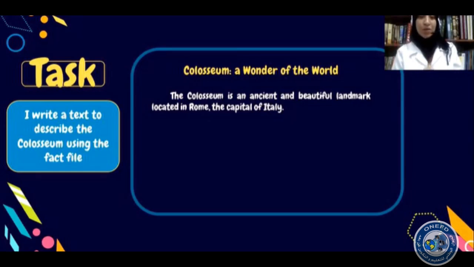Now you need to write a short sentence to talk about the date of the foundation of the Colosseum and the founder, the person who built or who designed the Colosseum. Now you have 1 minute to do so.